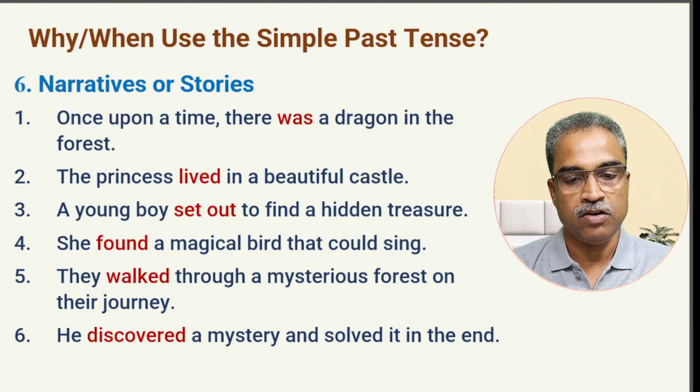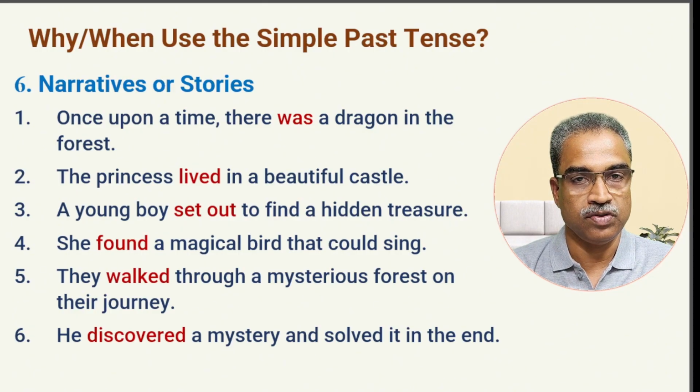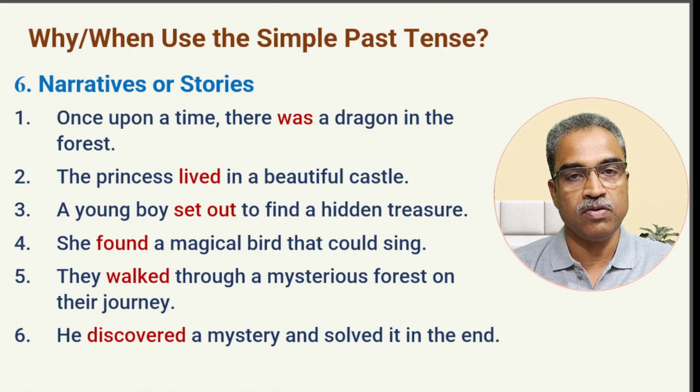A young boy set out to find a hidden treasure. Set out. Set, set, set, all three forms are the same. Here, young boy, that is he, third person singular. The princess, that is she. So the set out, which form is it? V1, V2, V3? It's V2. She found a magical bird that could sing. She found. Find, found, found, three forms. Second one. They walked through a mysterious forest on their journey.